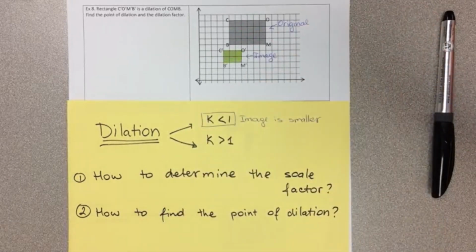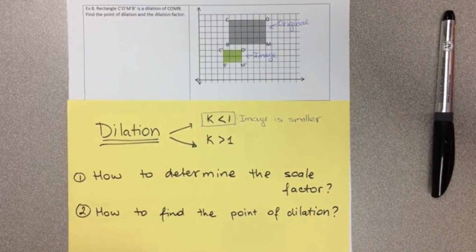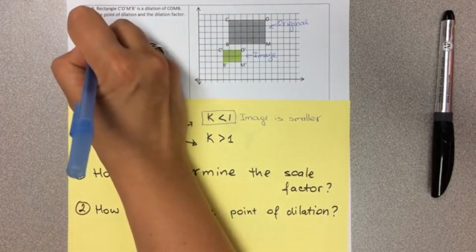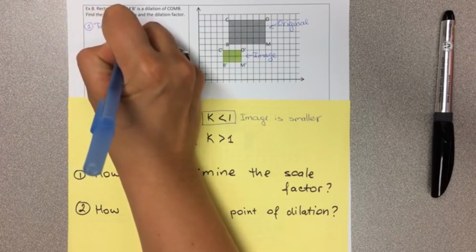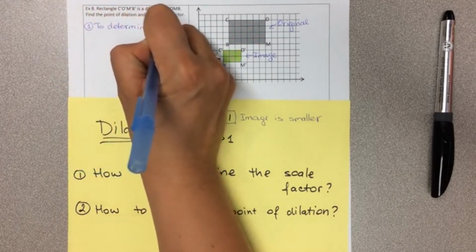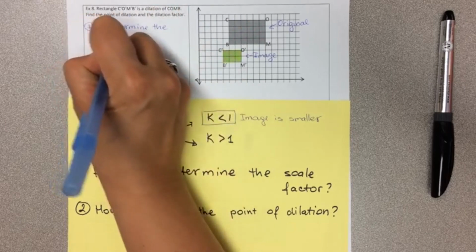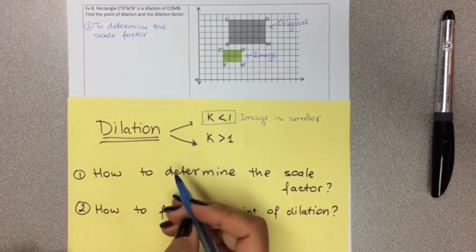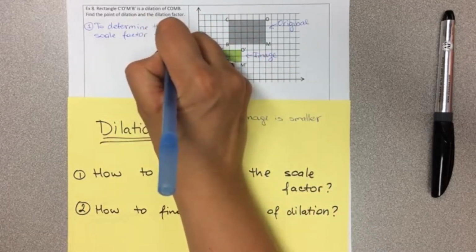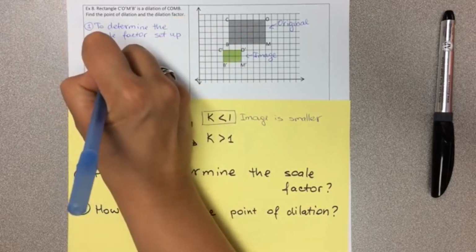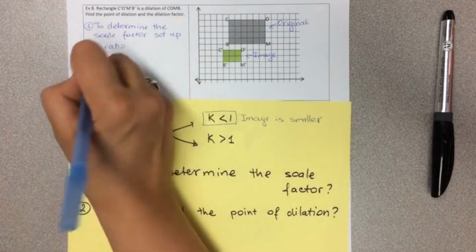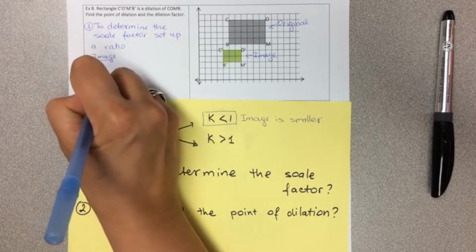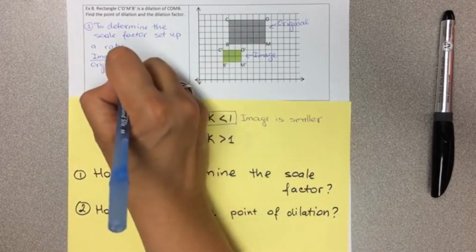In order to determine the scale factor, what we need to do is set up a ratio. The ratio will be of the image to the original, or pre-image.